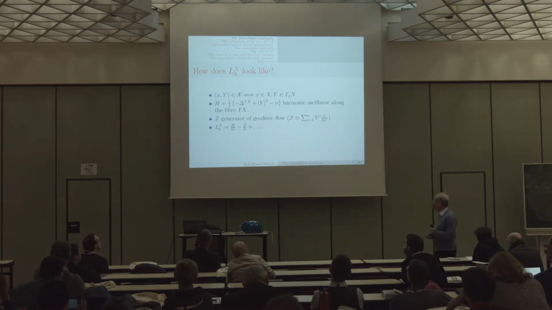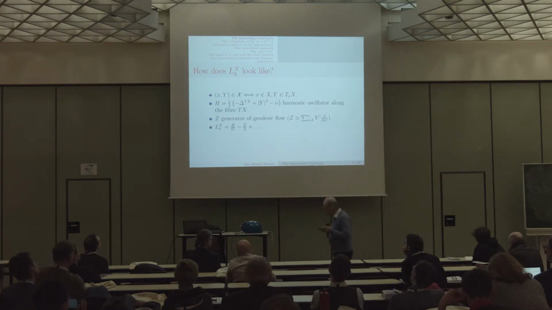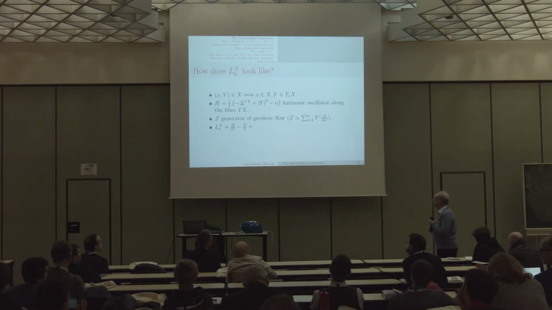And so the hypoelliptic Laplacian, typically it's a weighted combination of these two kinds of operator, the weight 1 over b squared appearing in front of H and the weight 1 over b in front of Z. And then there are extra geometric terms which are extremely important for the success of the theory, but for the moment, from an operator theoretic point of view, I will omit them.